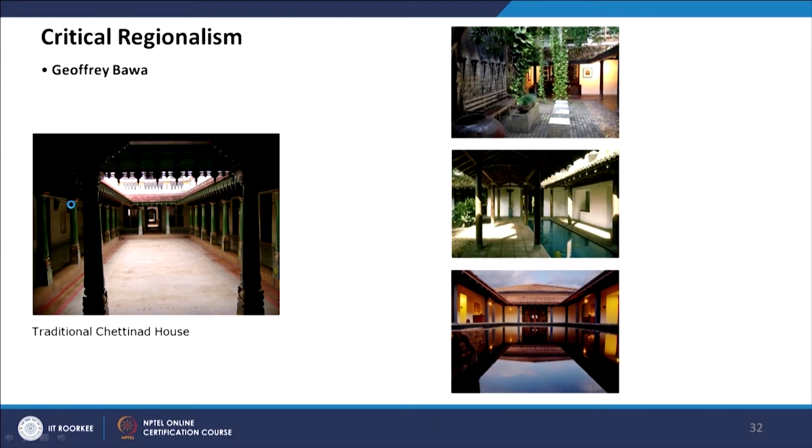But most of Geoffrey Bawa's works are inspired from a traditional vernacular house form called the Chettinad style of the southern part of India in Tamil Nadu.